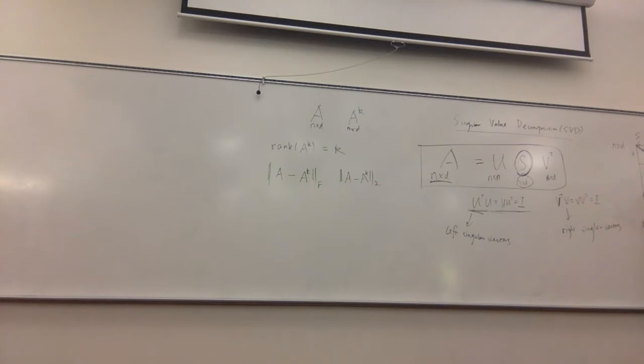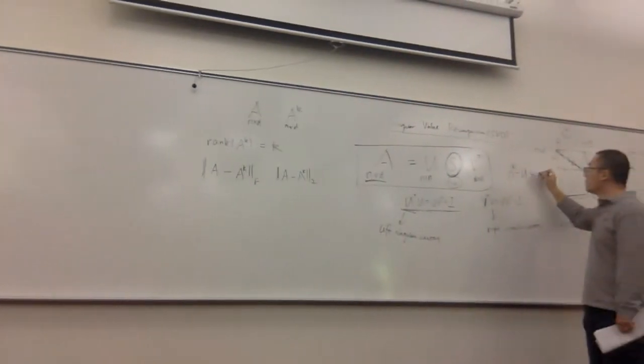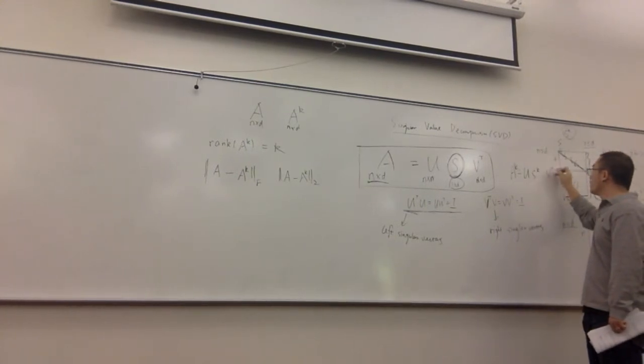This is the original S. To find A_K, we fix U and V here, pick up the first K singular values, and set the remaining elements in this diagonal to be 0. We denote this truncated diagonal matrix by S_K. Then our A_K is simply U times S_K times V transpose.